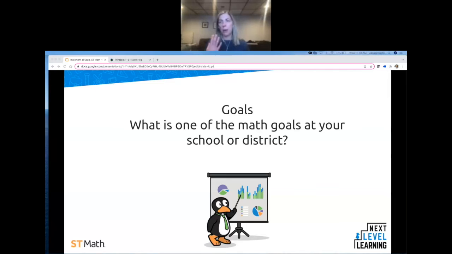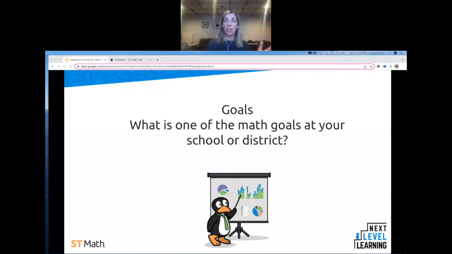Some of those were about increasing standardized test scores, of course, and conceptual understanding of math. I know that Sam talked about goal mastery and aligning that to mastery-based learning and supporting the acceleration of students as well. And so we had some people sharing out about those kinds of goals.